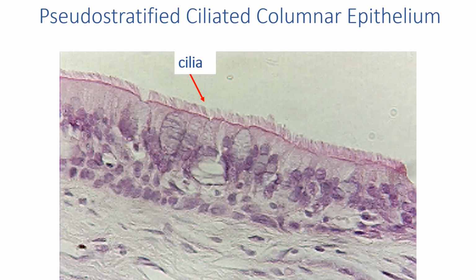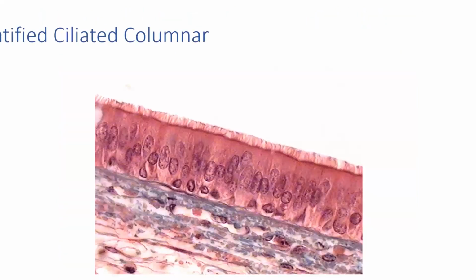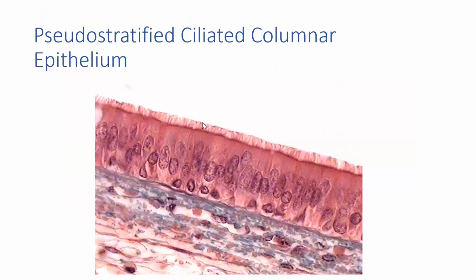Now, in the female reproductive tract, we see the same type of structure, but not as much mucus there. Same cilia. Notice all the simple columnar cells here. They look like they're stratified, but they're not.